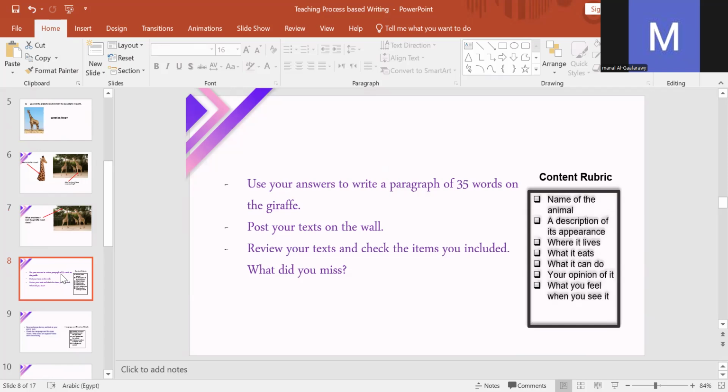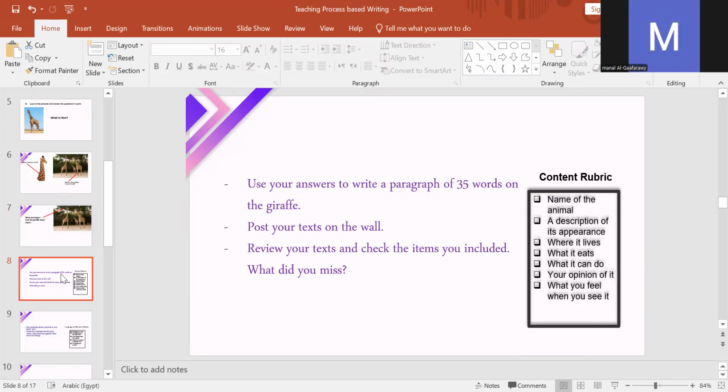Then they review their texts and check the items they included. Maybe afterwards they switch places to peer review the text. Okay, and I mean by this that students have a look using the same rubrics at their peers' texts, checking for content, whether their peers in the classroom followed all of the items or included all of the items or not.